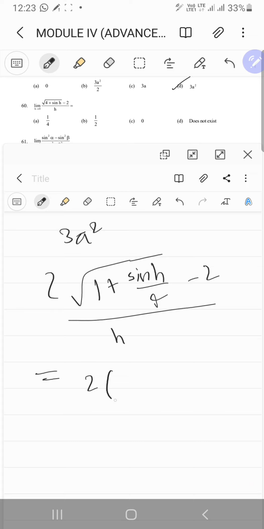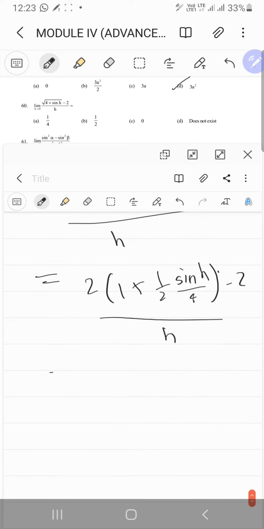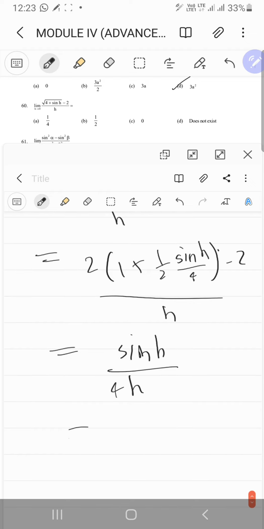So this is just going to be 2 into 1 plus 1 by 2 sine h by 4 plus some other stuff which has sine squared h, which we can ignore for now, and this thing minus 2 upon h. So this 2 and that 2 get cancelled, so it's just sine h by 4h. Yes, that's correct. So this should just be 1 by 4. Next question.